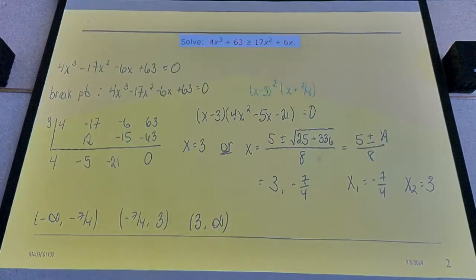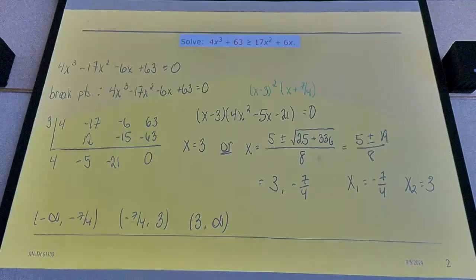And write that because that's the factored form. Polynomial. Again, that's going to make it really easy. So x minus 3 squared is always going to be positive. I can ignore that. Pick a test value from each interval and determine the sign. Negative 10 is in the first interval.